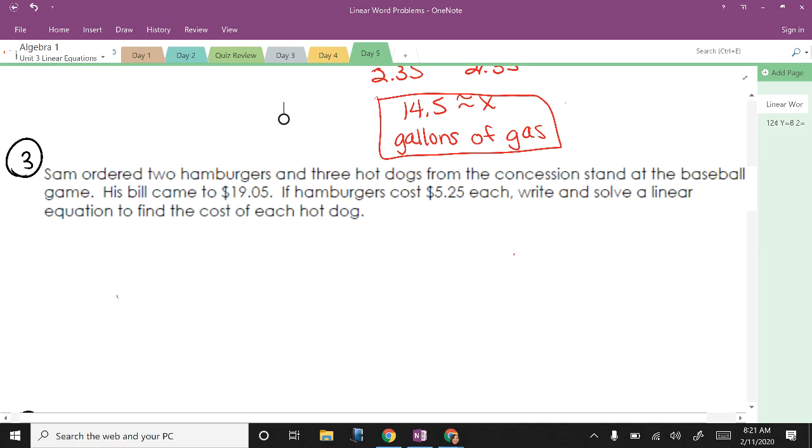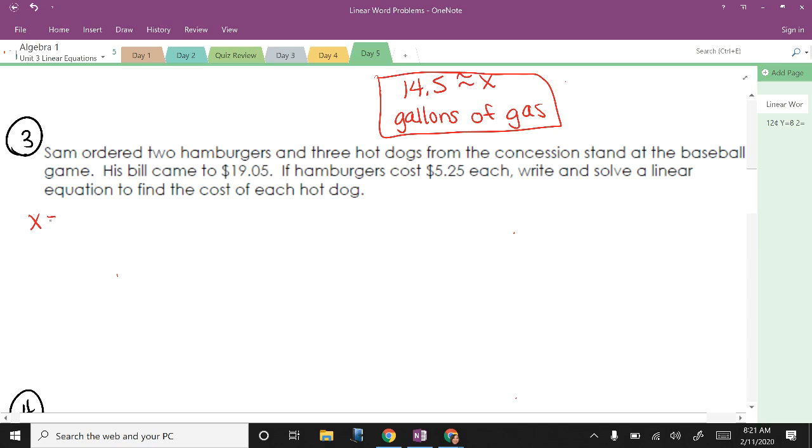All right, so we need to assign 2 variables. All right, let's let X be hamburgers and Y be hot dogs. Well, I need a variable. We got to write a linear equation first, so I need variables.